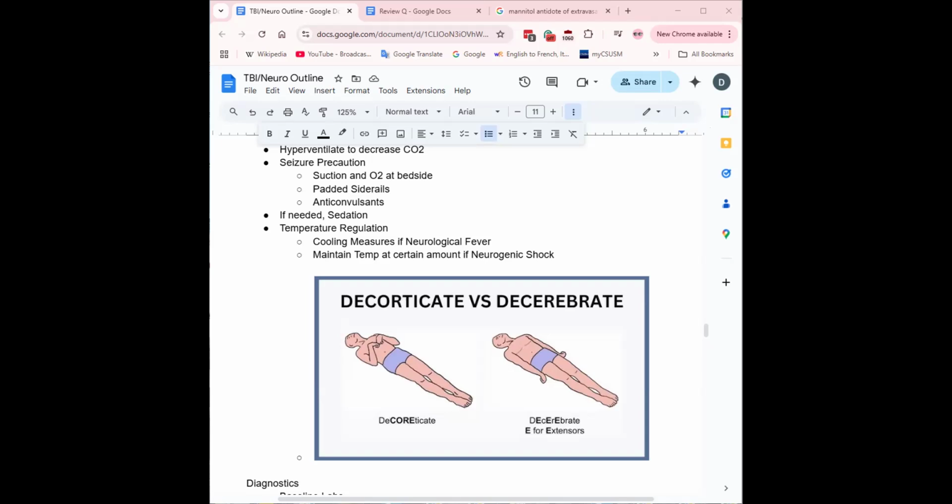Yeah, decerebrate is worse. E for end. I like that. E for the end.